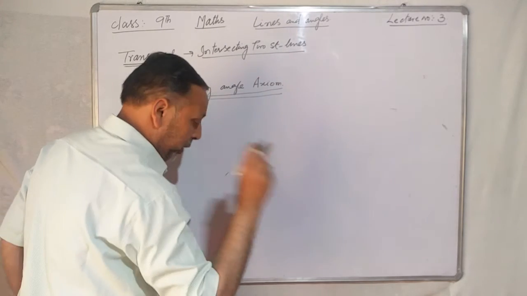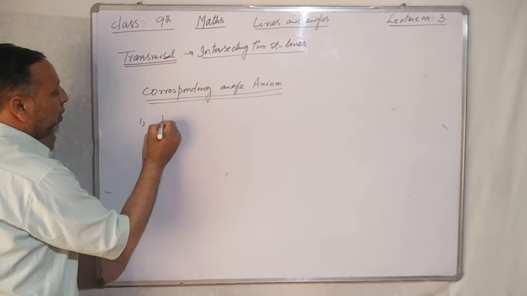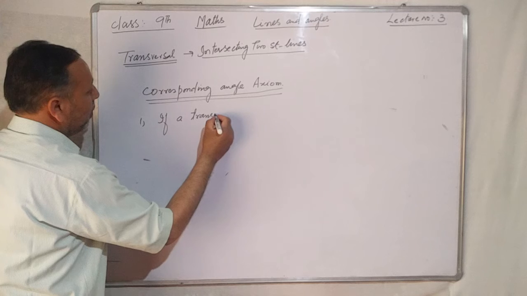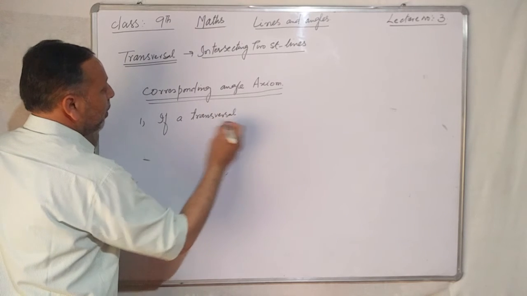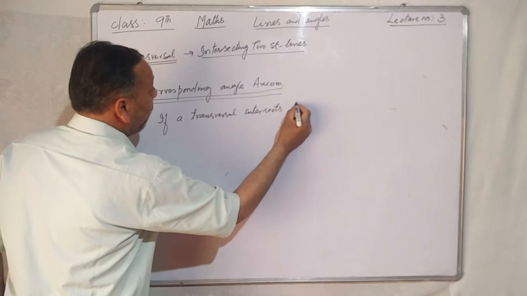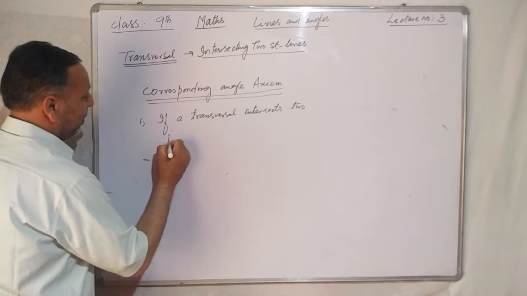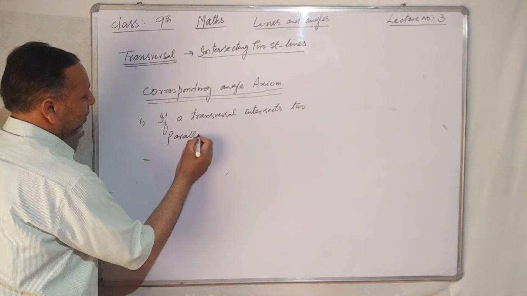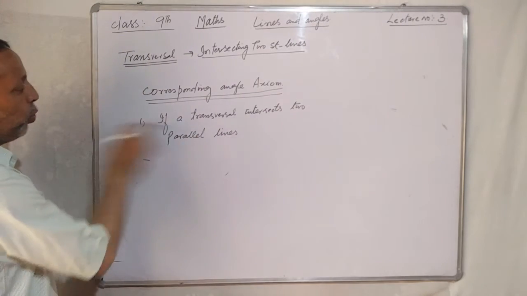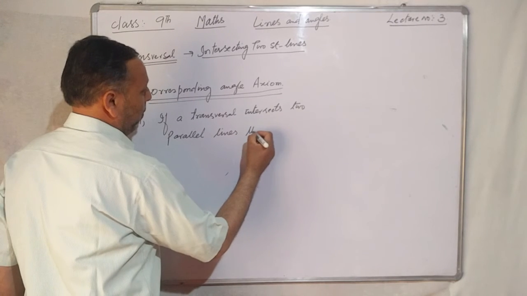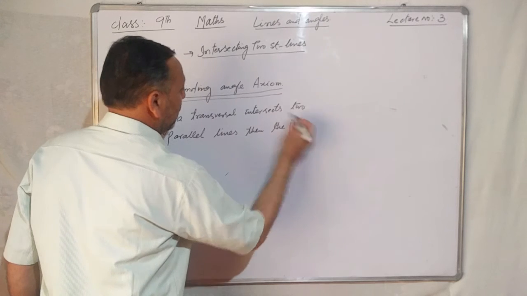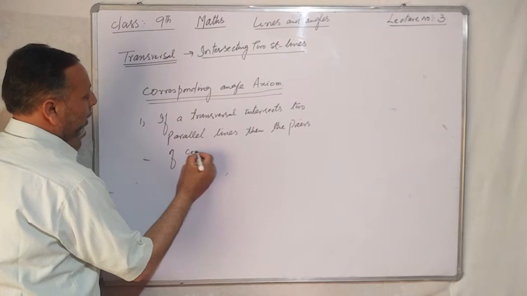Number 1: if a transversal intersects two parallel lines, then the pairs of corresponding angles are equal.